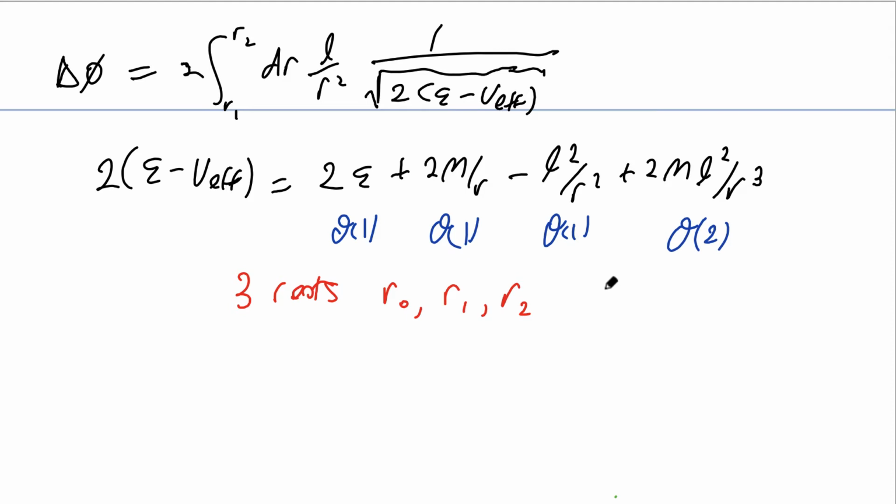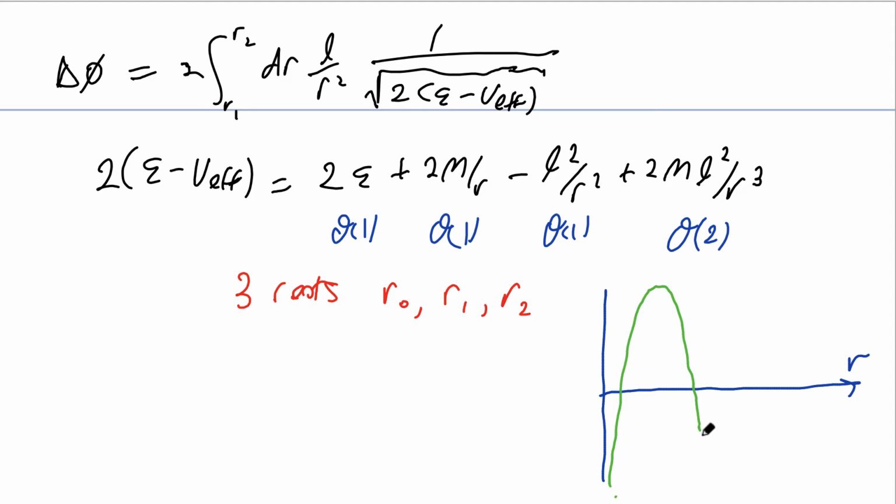So if you'll remember the energy plot that I made before, this is the r-axis, and the potential energy has a shape like this. The energy per unit mass has a negative value, something like this. So we draw a horizontal line corresponding to the energy per unit mass. And now there are three roots, a root here, a root here, and a root here. We labeled R0, R1, and R2.